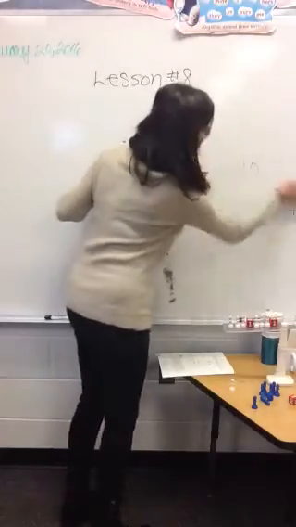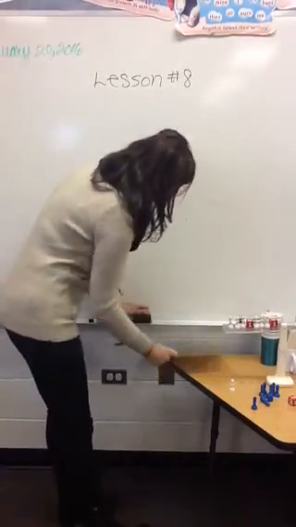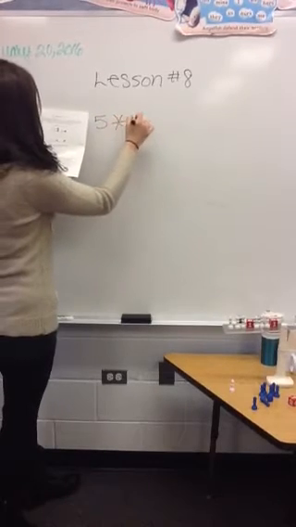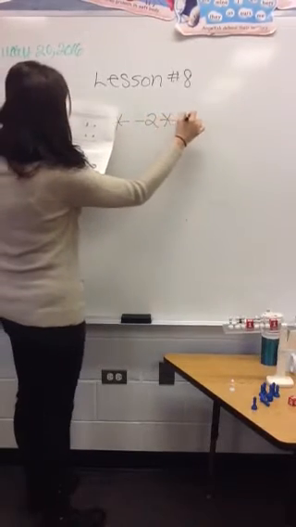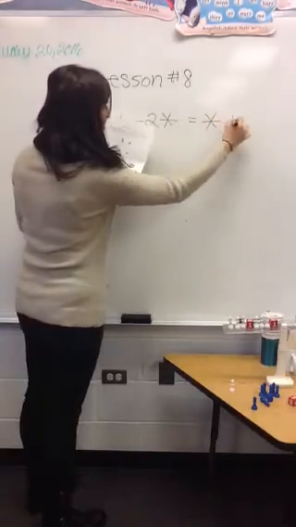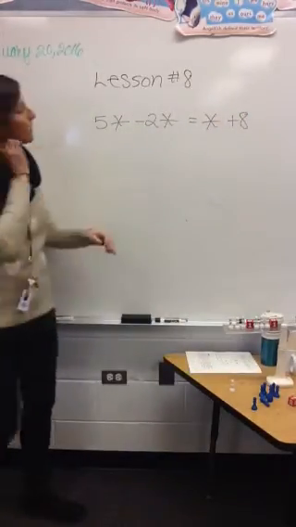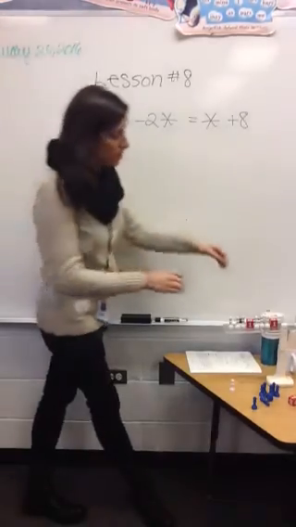So you can clear off your mat. Okay, so let's set up this problem. It's 5 star minus 2 star equals star plus 8.